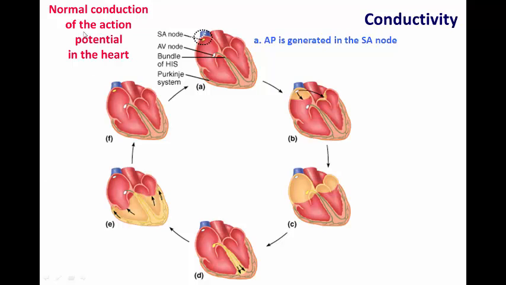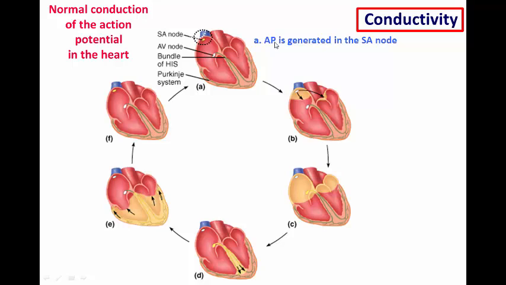The normal conduction of the cardiac impulses, the action potentials which are generated in the sinoatrial node, occurs through the specialized conduction system, and also from cell to cell through the gap junctions in the intercalated discs. So an action potential is generated in the sinoatrial node. This is a cardiac impulse.